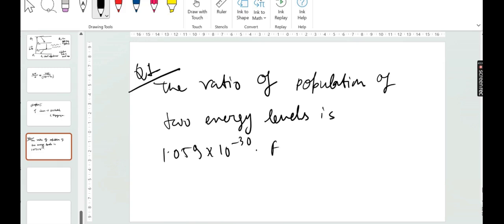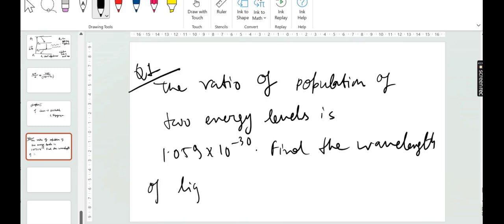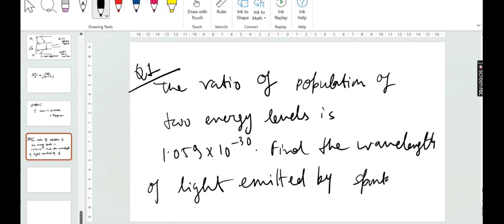Find the wavelength of light emitted by spontaneous emission at 330 Kelvin.